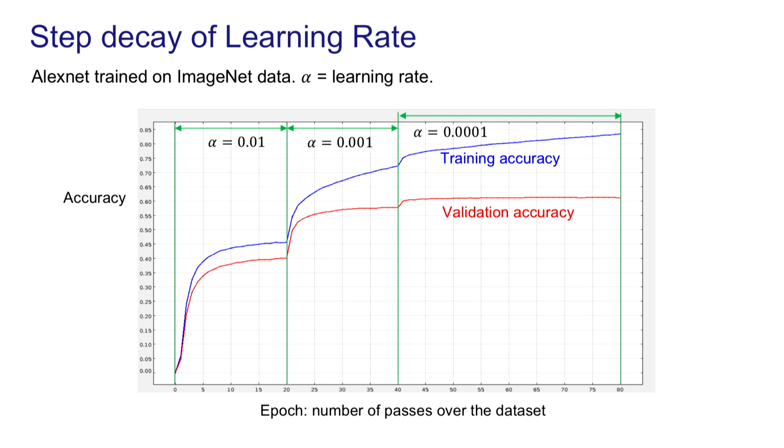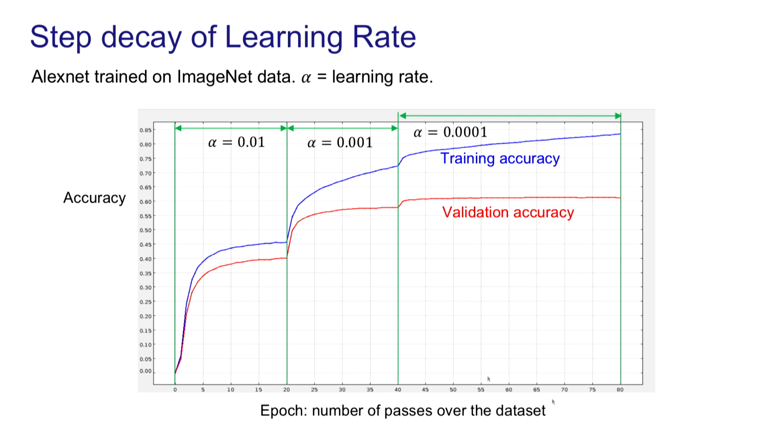So here are the learning curves for the ImageNet optimization task on a standard network called AlexNet. And you can see that the learning rate alpha stepped in orders of magnitude after about 20 epochs. Let's just worry about validation accuracy.